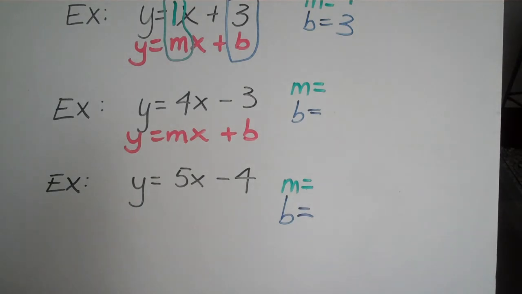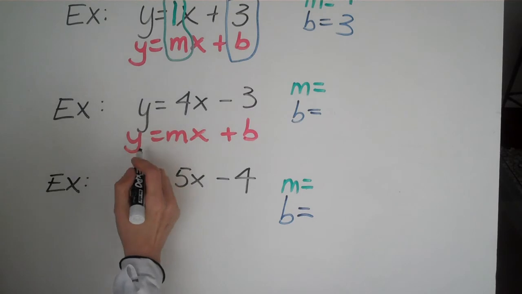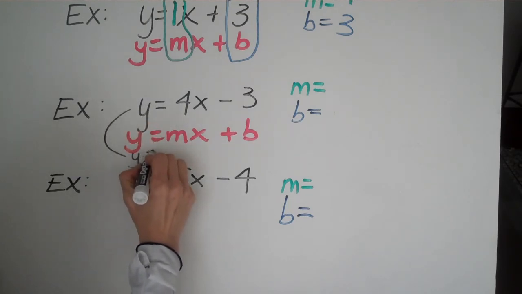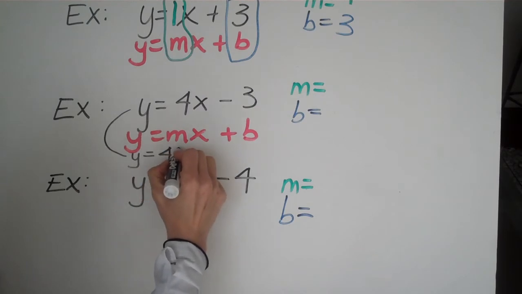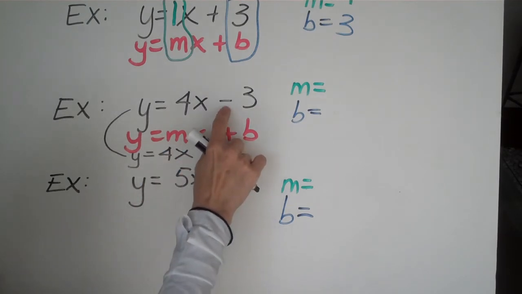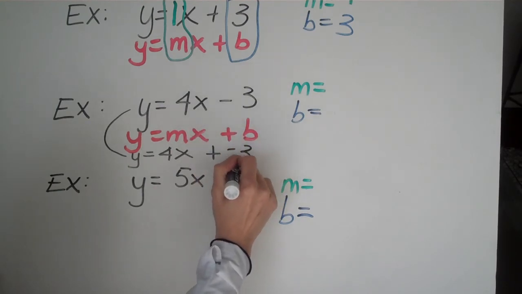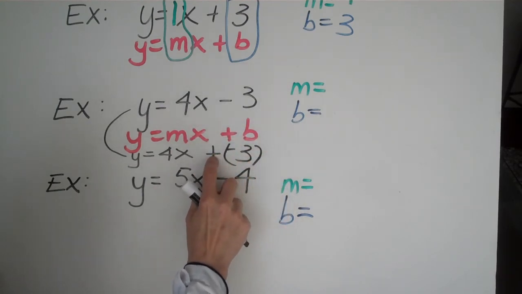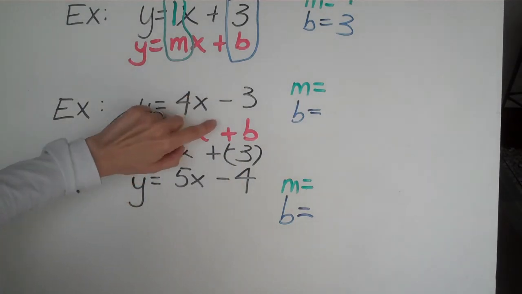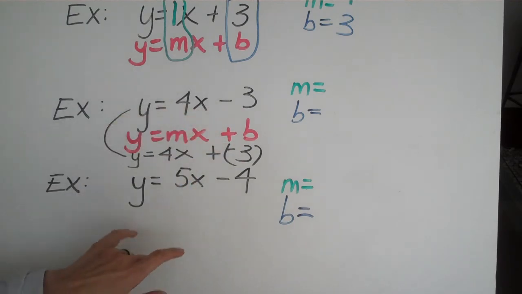So if that's true, we can really rewrite this equation, y equals 4x plus a negative 3, because adding a negative is the same as subtraction.